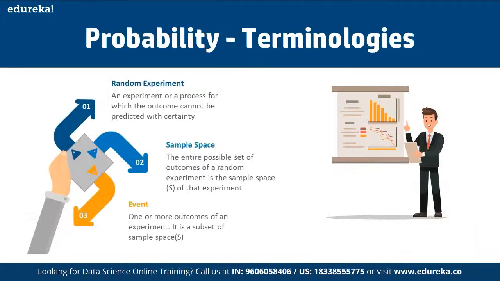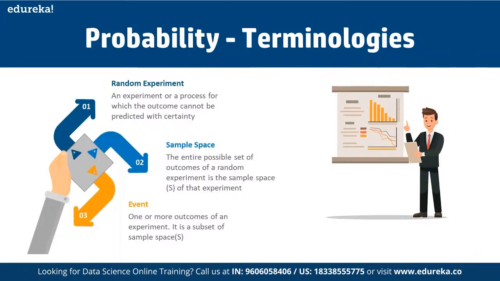There are multiple terminologies available in probability. Before diving deep into the concepts of probability, it is important that we understand the basic terminologies used here. First of all, we have random experiment. It is basically an experiment or a process for which the outcome cannot be predicted with certainty.